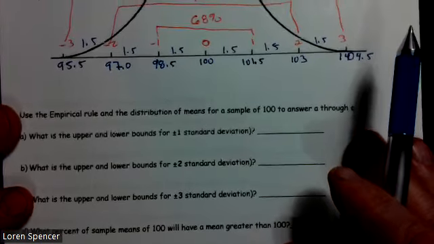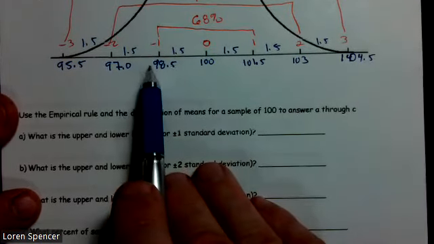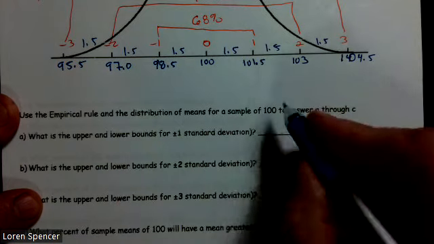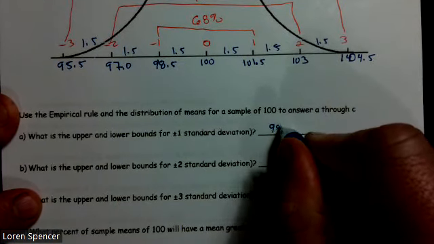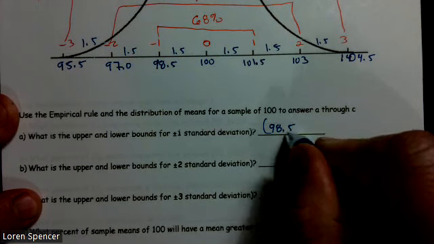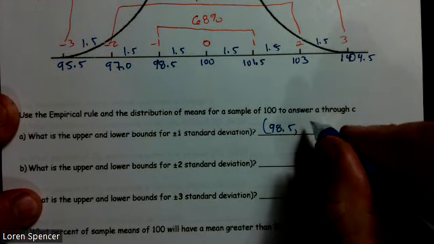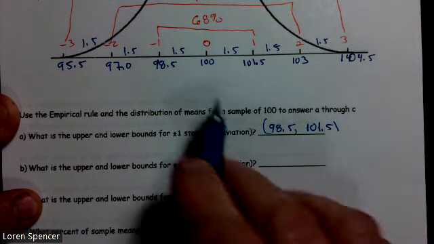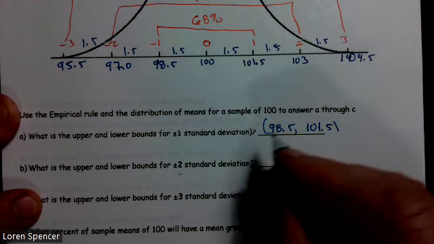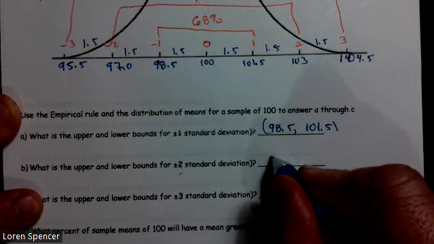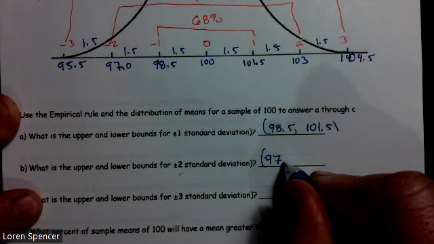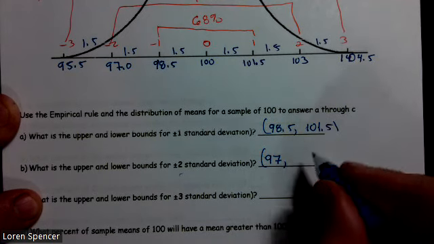So what is the upper and lower bound for plus or minus 1 standard deviation? Well, lower bound is 98.5. Upper bound is 101.5. For 95% or plus or minus 2 standard deviation, it's 97 to 103.